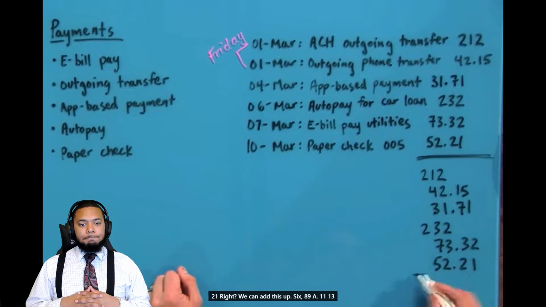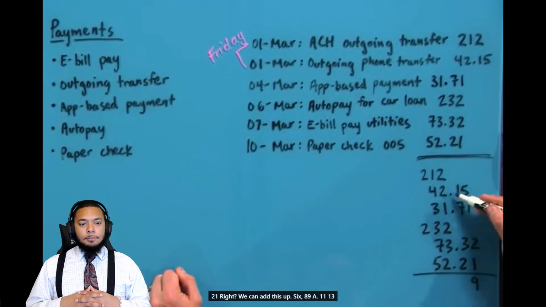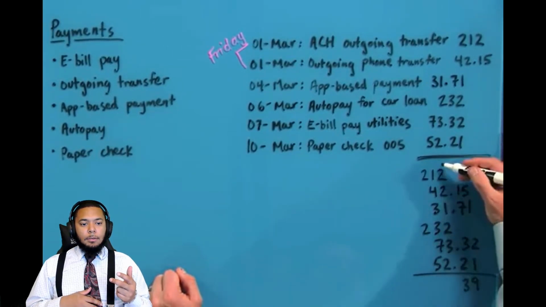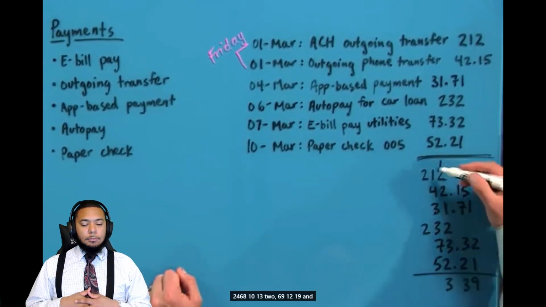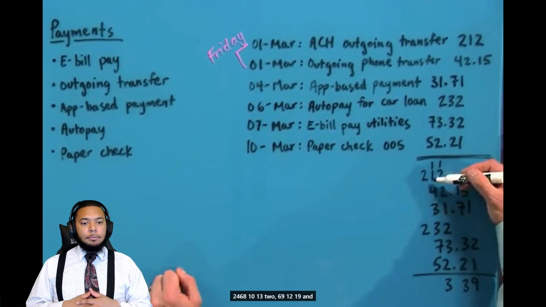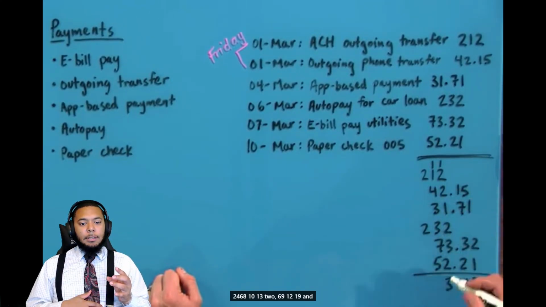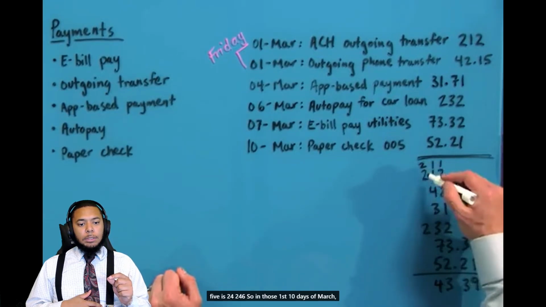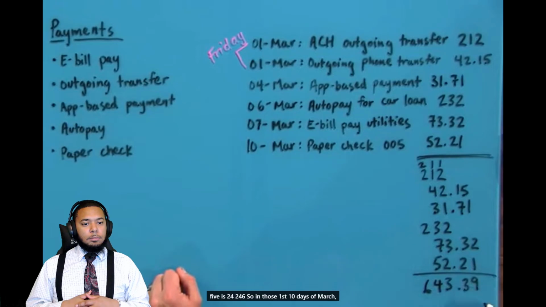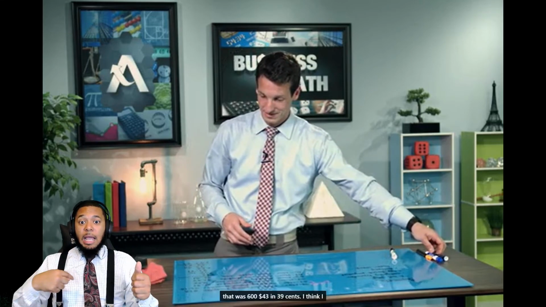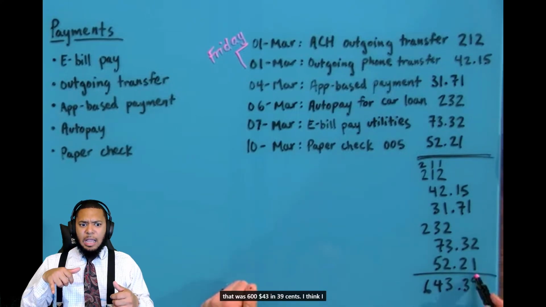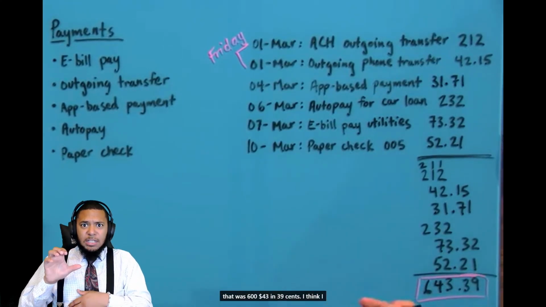All right, we can add all this up. 6, 8, 9, 8, 11, 13, 2, 4, 6, 8, 10, 13, 2, 6, 9, 12, 19, and 5 is 24, 2, 4, 6. So in those first 10 days of March, that was $643.39.